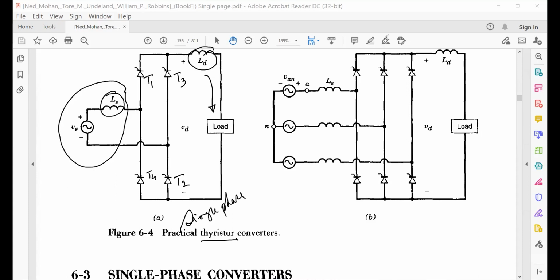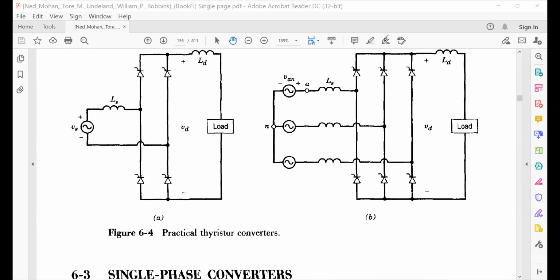Now I'm going to discuss these things using my whiteboard so that you understand very clearly. Okay, now I am sharing the whiteboard. Can you see the whiteboard? Yes, sir.